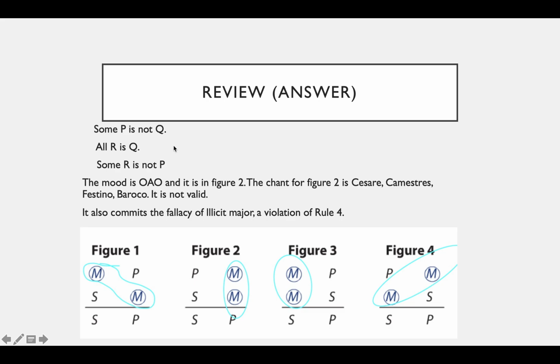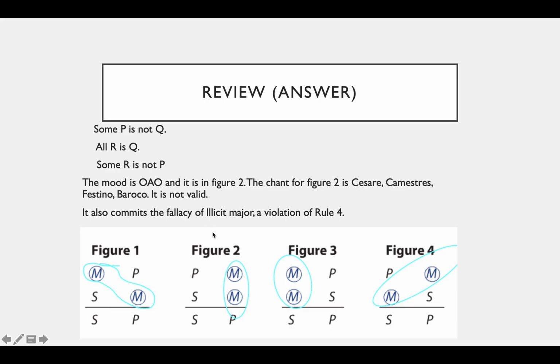Okay, so this is what you were looking at, the syllogism. The mood is O. It's an O proposition. A. This is an A proposition. O. It's in figure 2 because of the placement of the middle term.